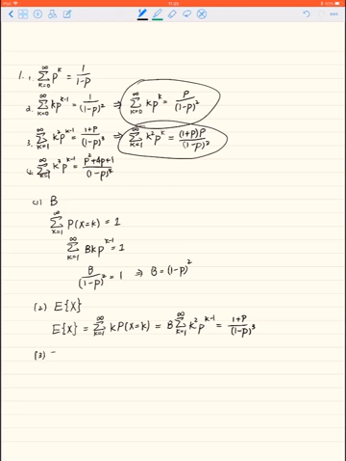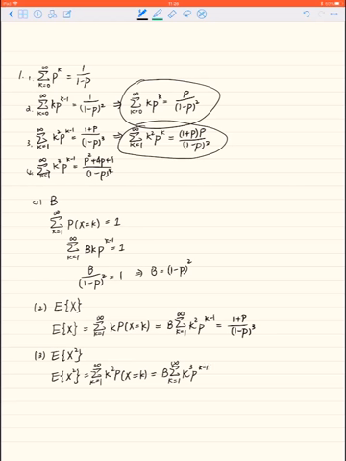The third question is we have to figure out the value of the expectation of X squared. Then we use the definition: the expectation of X squared equals the sum from k equals 1 to infinity of k squared times the probability that X equals k. And now we get b times the sum from k equals 1 to infinity of k to the power of 3 times p to the power of k minus 1.